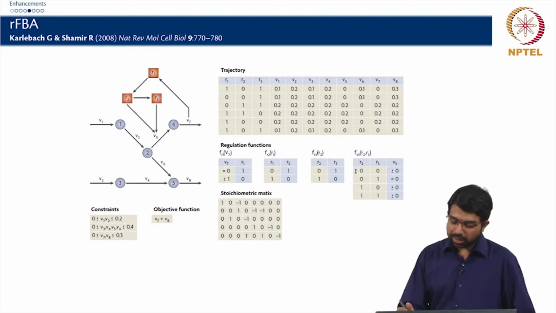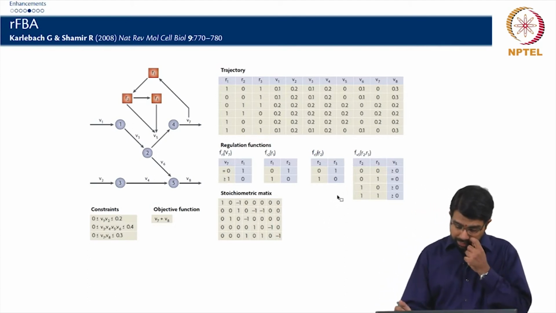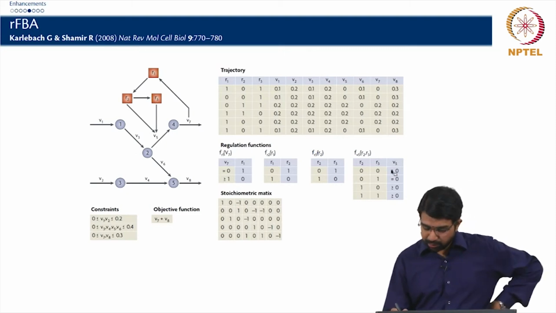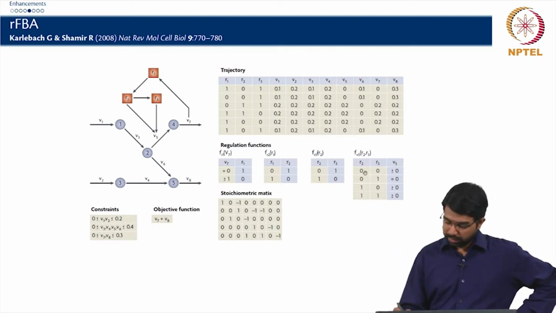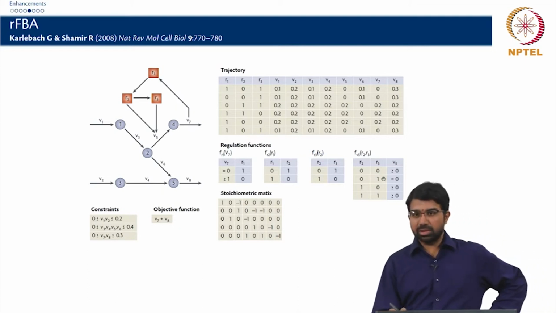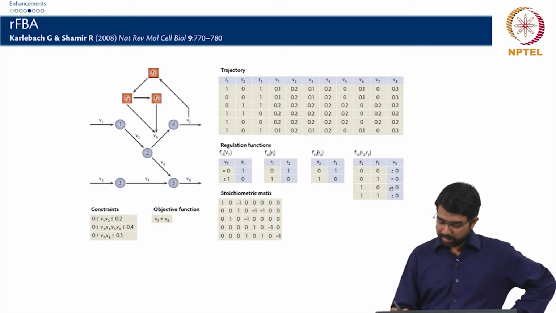They will again go back and affect your various fluxes. You see here that R2 and R3 affect the bounds on the V5 flux. If R2 is 0 and R3 is 0, then V5 is greater than or equal to 0. If R2 is 0 and R3 is 1, then V5 is equal to 0, deleted. If both are 1, then again it is greater than or equal to 0.